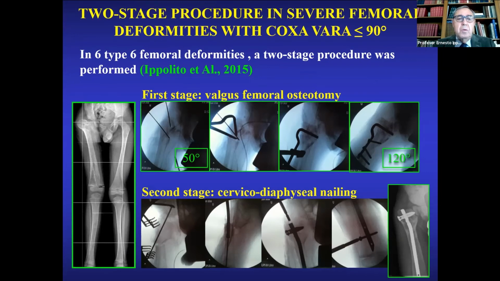Once the osteotomy is performed and the blade of the hip plate is well fixed into the femoral neck, the deformity is reduced, the blade is maintained close to the diaphysis with a bone clamp, and it is fixed with obliquely oriented screws to improve the stability of the screws themselves.